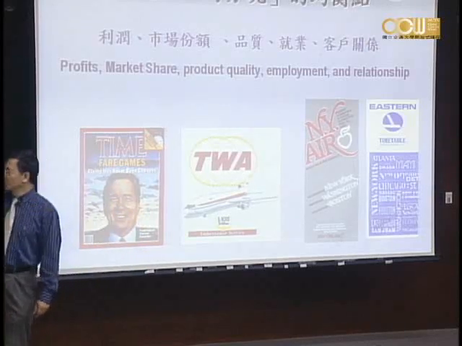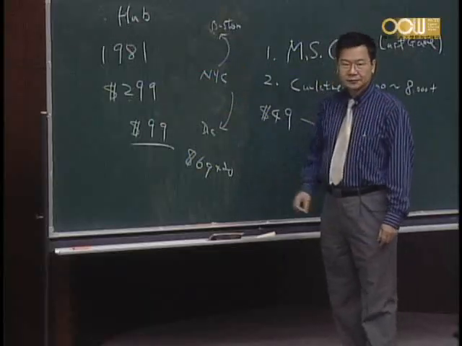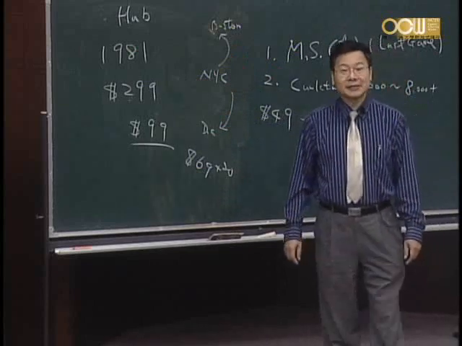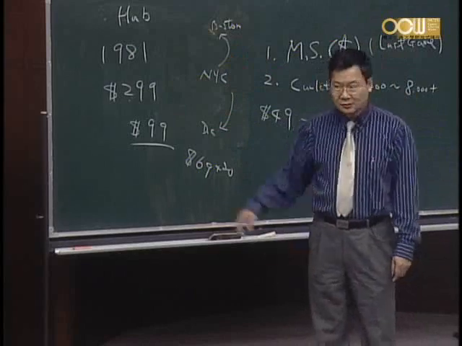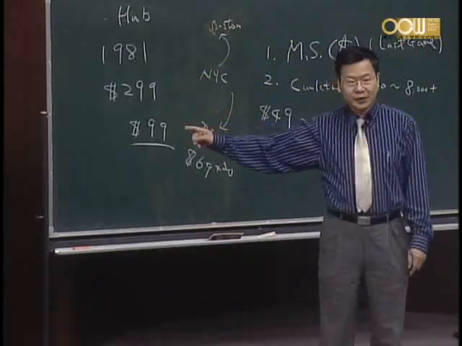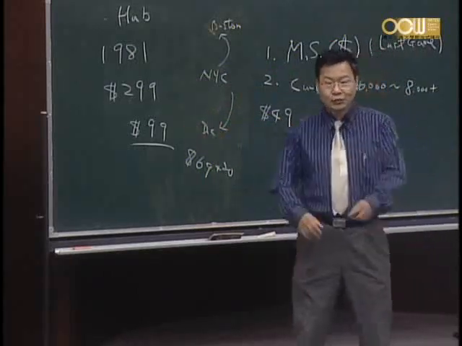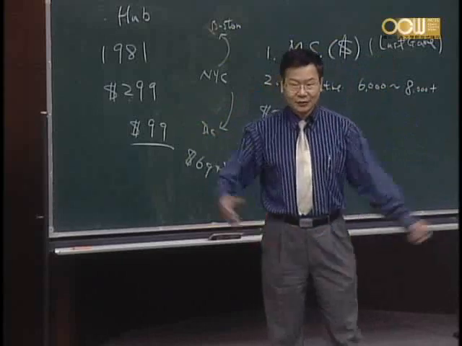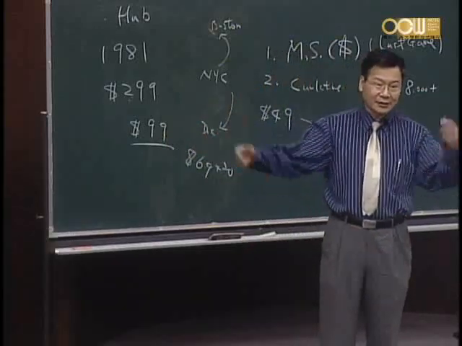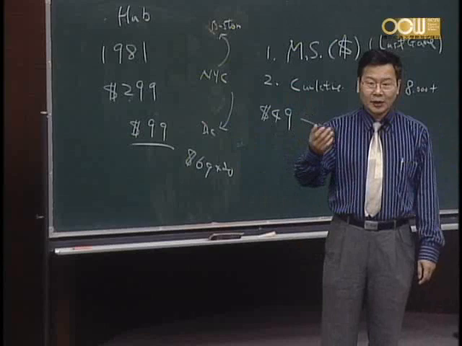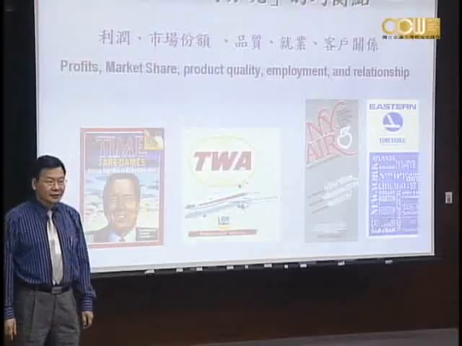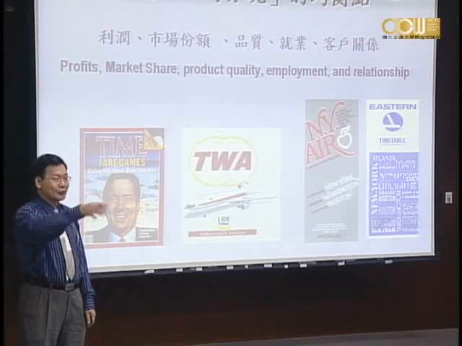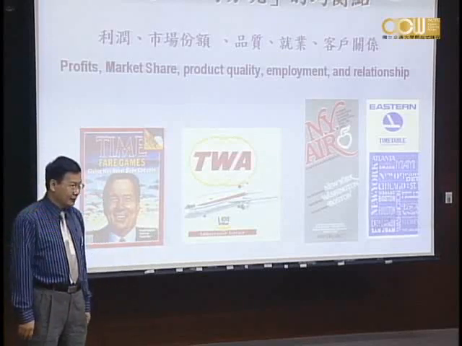What kind of people need to take the airplane here? Business people, they need the time. Eastern Airlines to them is like a bus. They just go up and down. They don't care, $99, it's okay, they can have a meeting. What kind of people will take New York Air? Tourists like you or families.